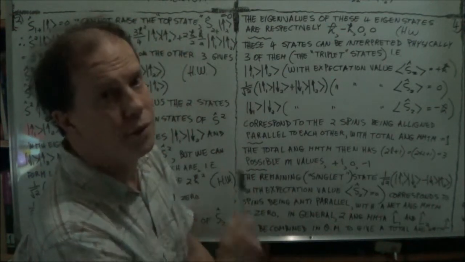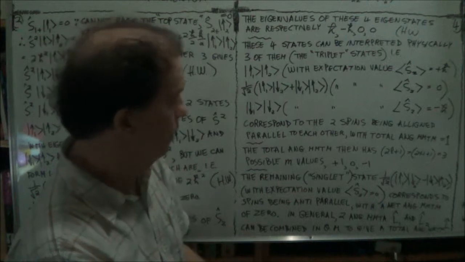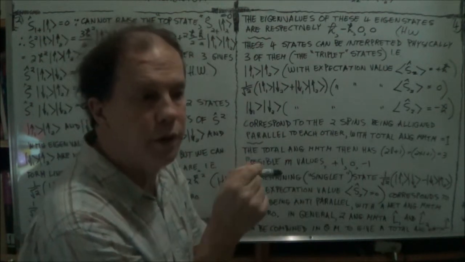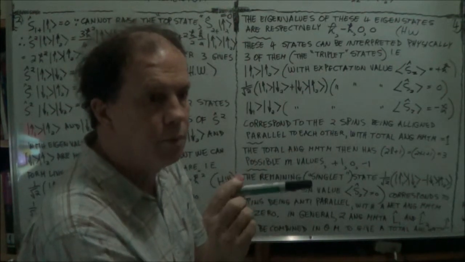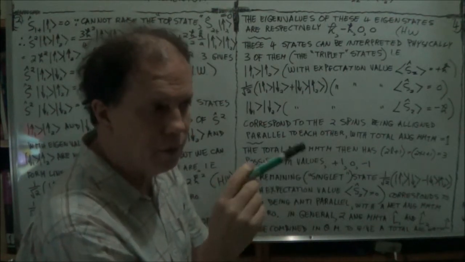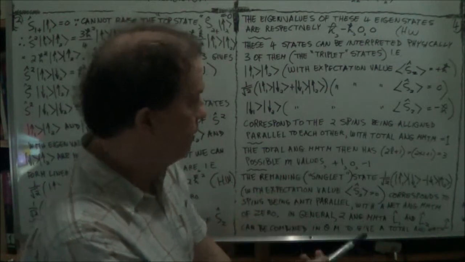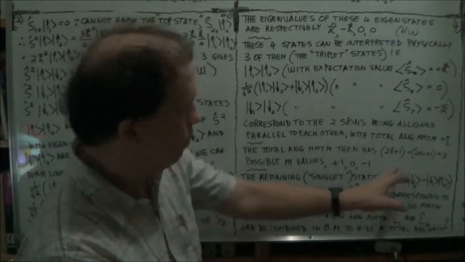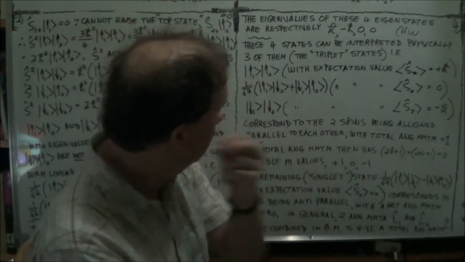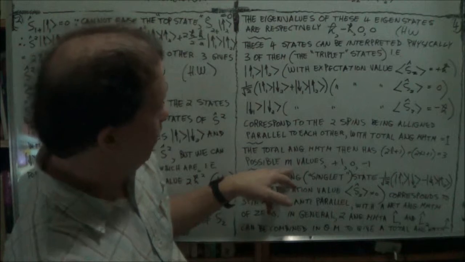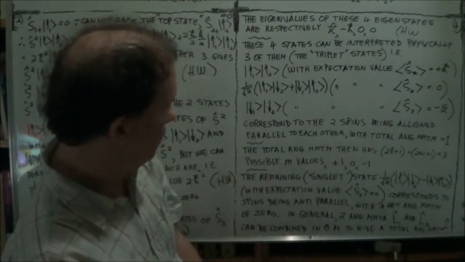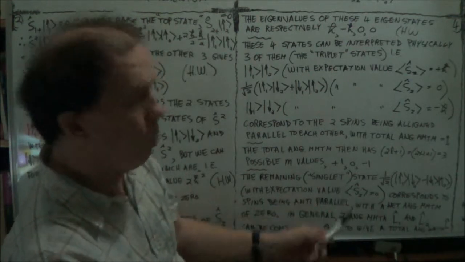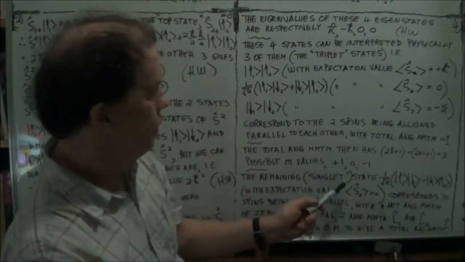Remember, m is the eigenvalue for the z component, and m ranges from minus L to plus L in steps of 1. So L is 1, and the three possible values of m will be plus 1, 0, and minus 1. Now the fourth one, because there's only one, is called the singlet state.